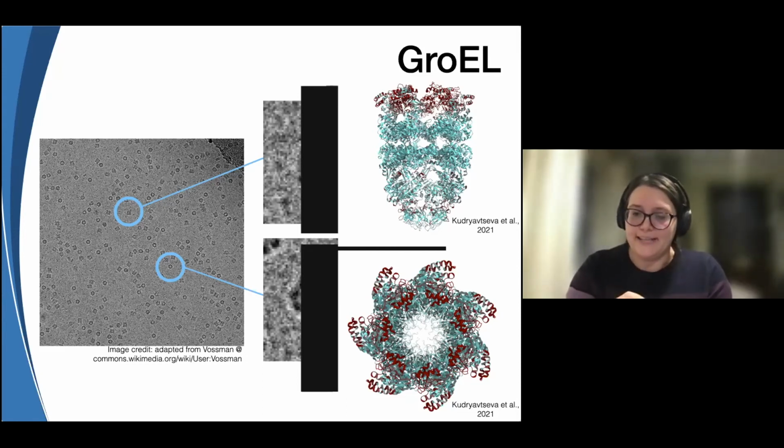And then all the protein folding occurs inside in the cavity, so in the hole that you can see in the bottom right image. So it's a really nice way that we can look at these proteins at super high resolution and then figure out how they work in combination with other proteins to do their jobs.